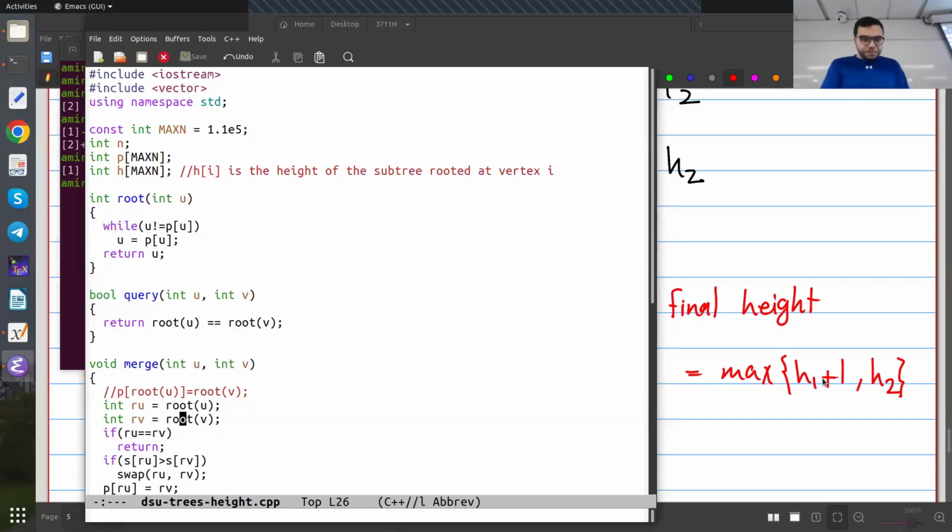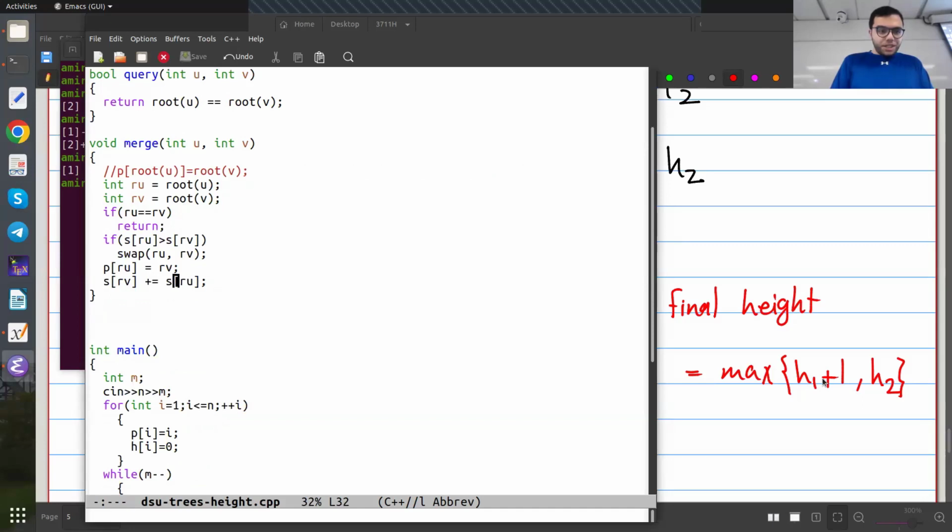And then whenever I'm merging, instead of saying that the size of RV increases by the size of RU, I just say the height of RV becomes the maximum of whatever it was, and the height of RU plus 1. Okay.